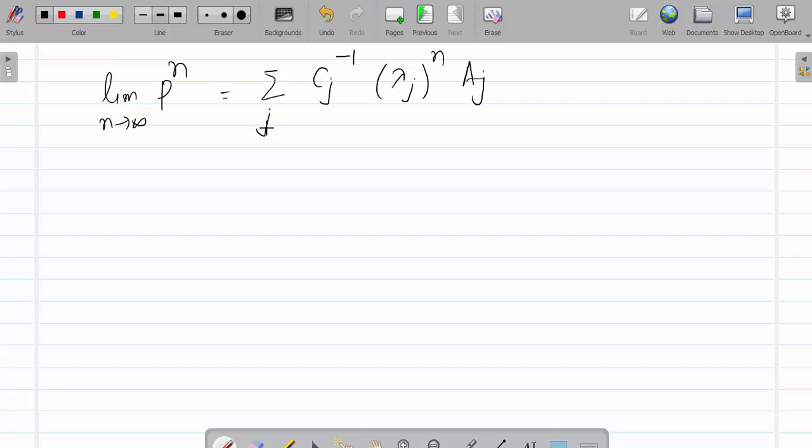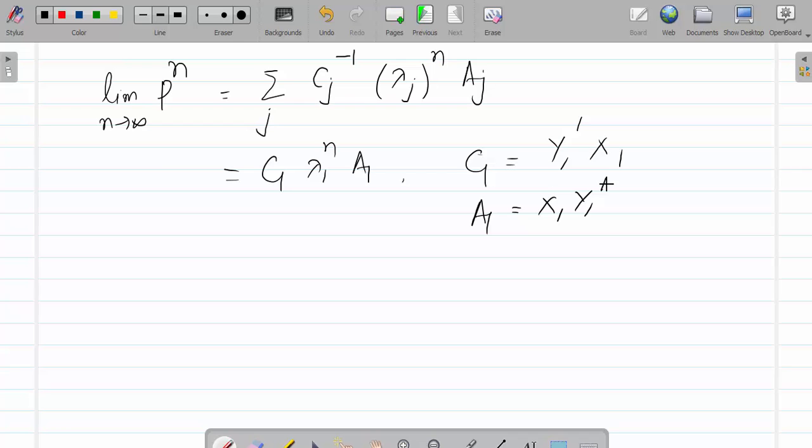Since we are considering the other two roots are negative, we are considering only the positive root. So we are considering lambda 1 equal to 1 only. So this will be C1 lambda 1 to the power n into A1, where C1 equal to y1 dash x1 and A1 equal to x1 y1 dash.